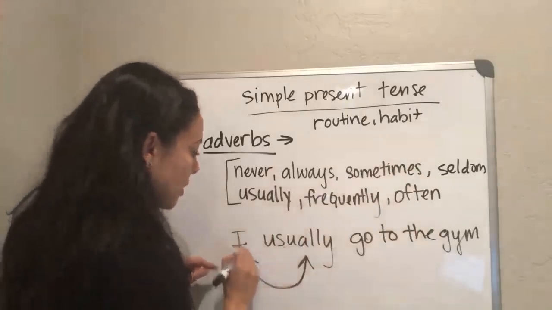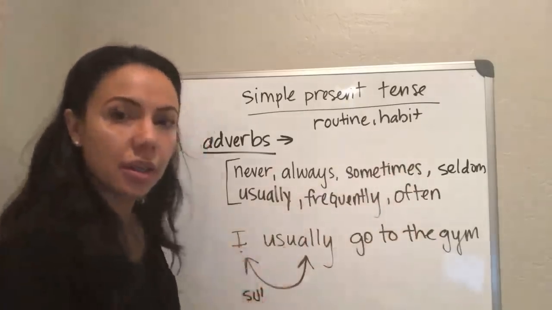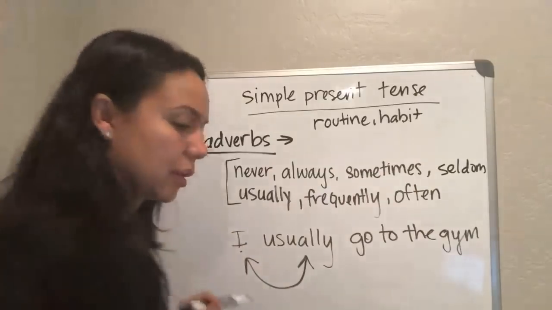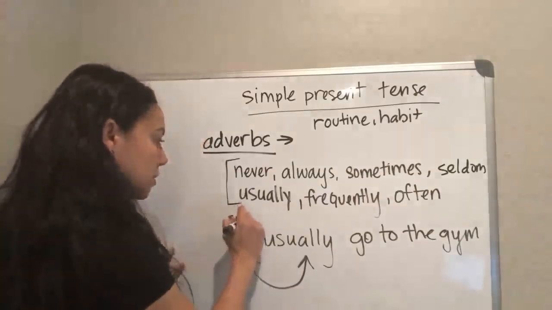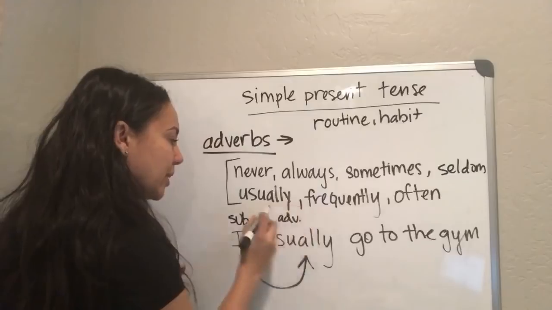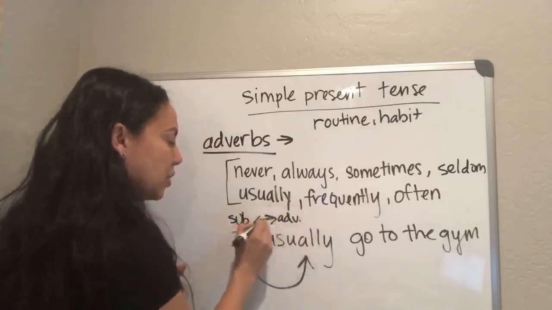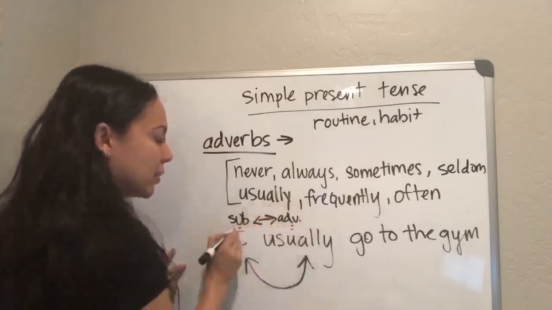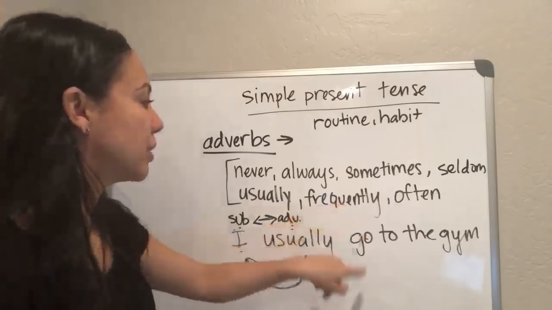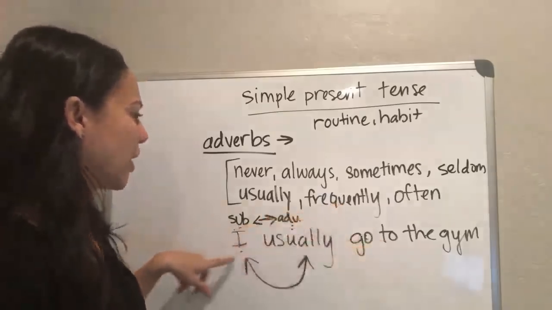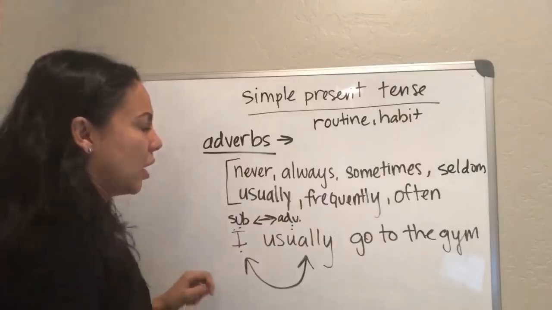So the subject, can you see this? No, you can't see this down here. Hold on. So the subject and the adverb can be switched. You can put either first, okay? I frequently go to the gym. Actually, frequently I go to the gym. Sounds kind of weird.